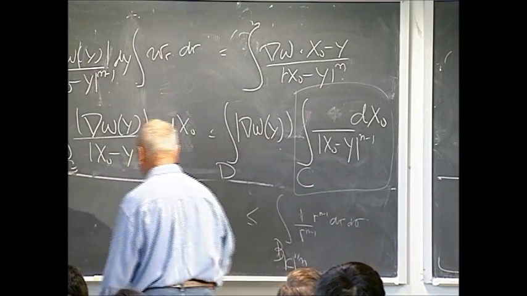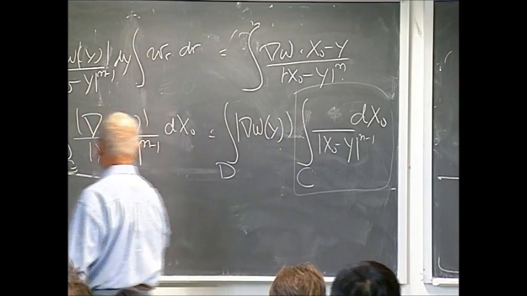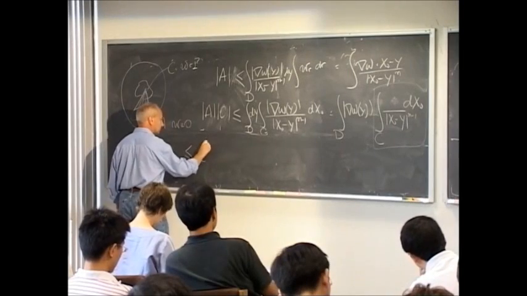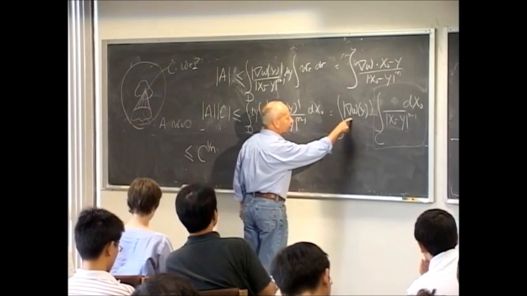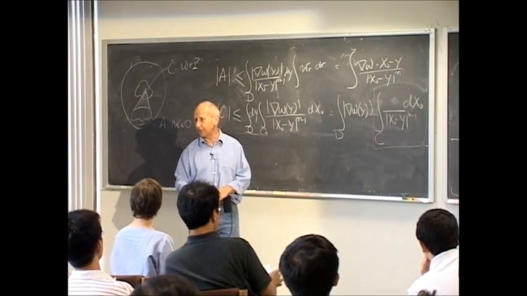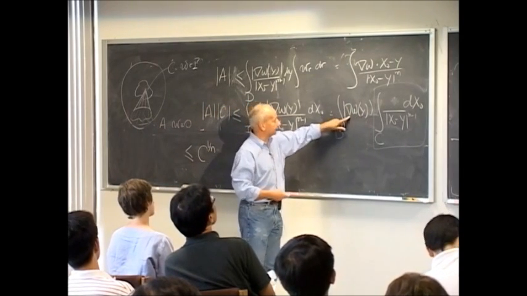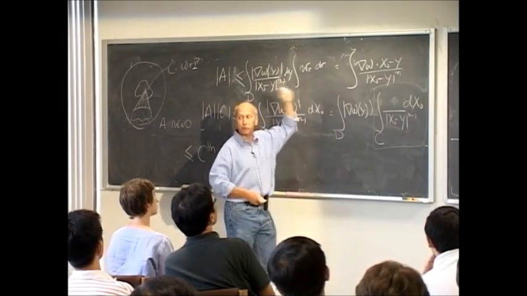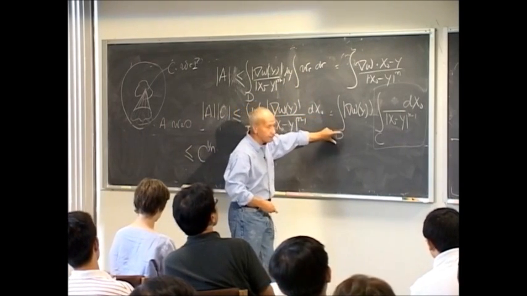So this integral is less or equal than C to the 1 over n, the integral of gradient W in D. And now I have to use H1. The integral of gradient W in D is smaller or equal than the H1 norm, the integral of gradient W squared, which we knew was bounded, to the 1/2, times the volume of the domain.